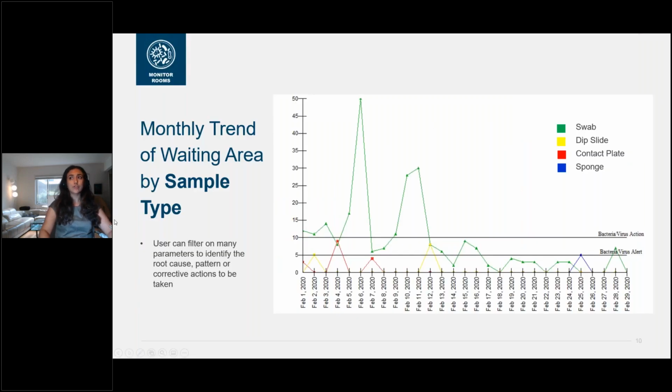So here in our first graph, we have a line graph. The software has various types of graphing and analysis. This one is by sample type. So we have in green our swabs, our dip slide, our contact plate, and a sponge. And we've done this every day throughout February of 2020.